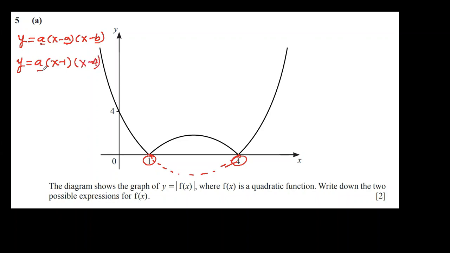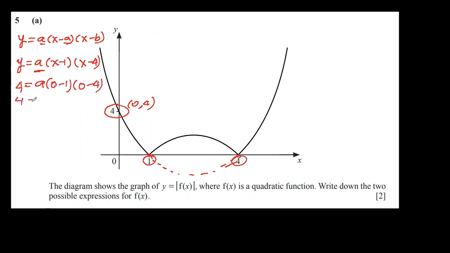Now how do we find this a? For finding a, we know 3 points, but we can't use the x-intercepts. If I use an x-intercept, it will become 0. So they have given the y-intercept also. We'll use the y-intercept to find the value of a. So y is 4, because the coordinates here are (0, 4), equal to a times (0 - 1)(0 - 4).